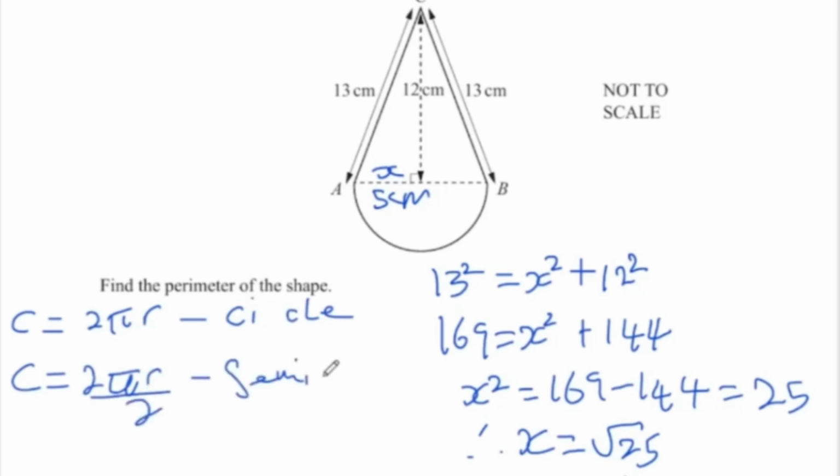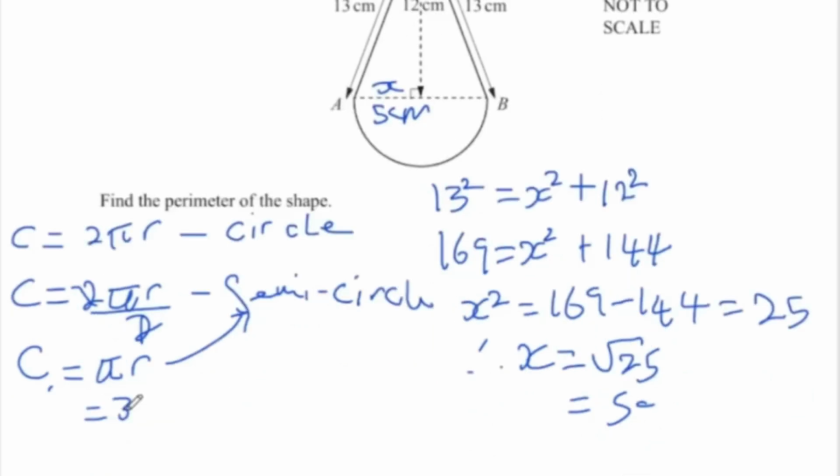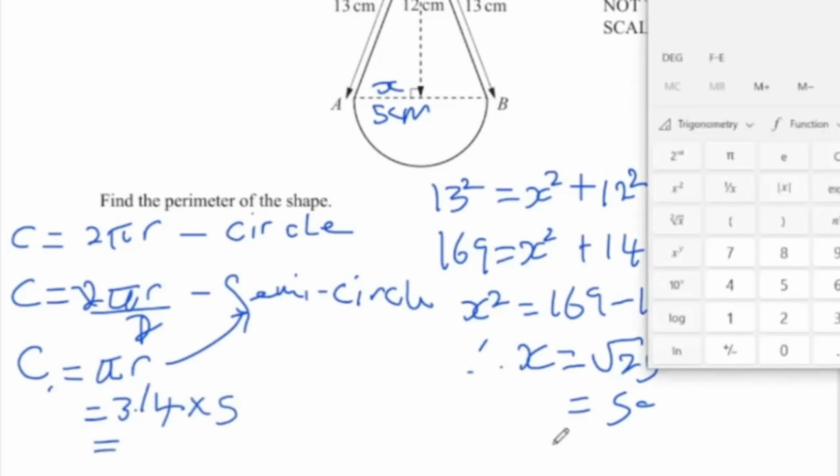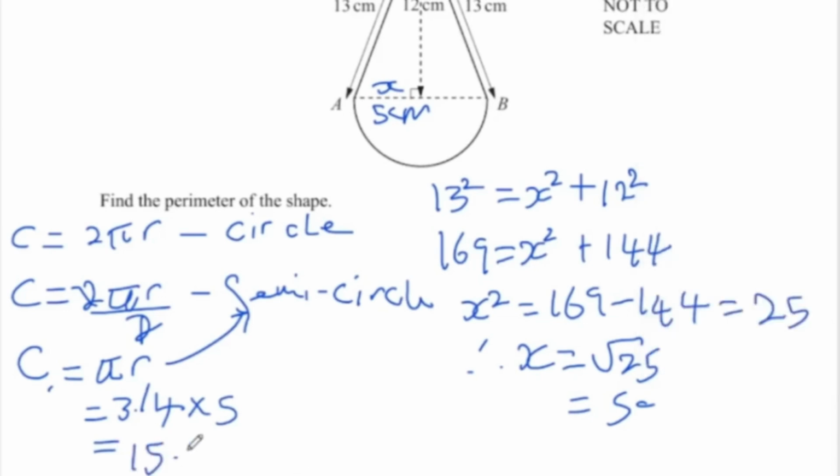So for a semicircle, we divide by 2, and this 2 cancels this, giving us C is equal to pi r for a semicircle. So let's get that. Pi is 3.14, this is a calculator paper, times the radius of 5. We just calculated that. So we have 3.14 times 5. We get 15.7. The circumference of the semicircle is 15.7 centimeter.